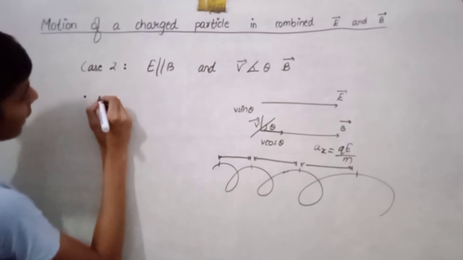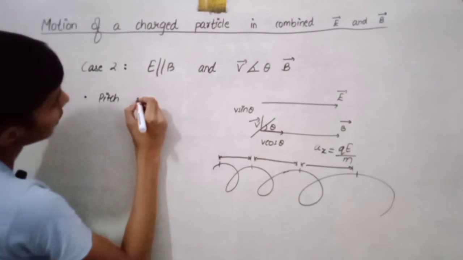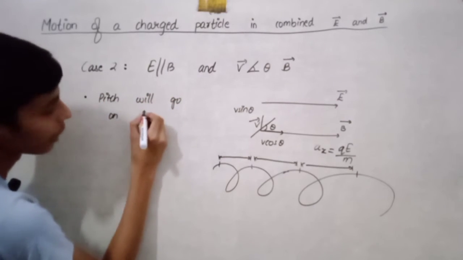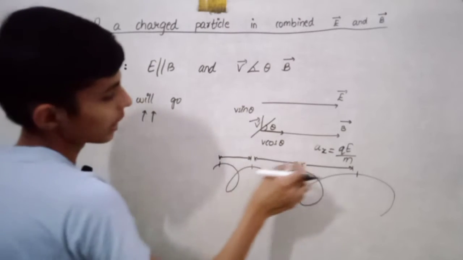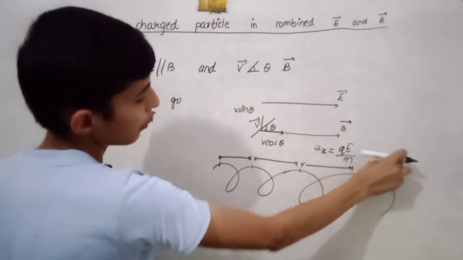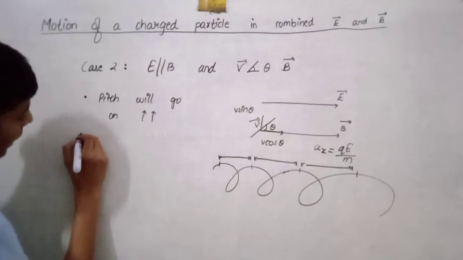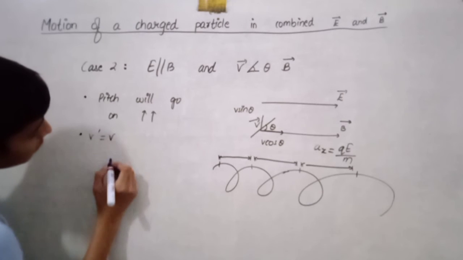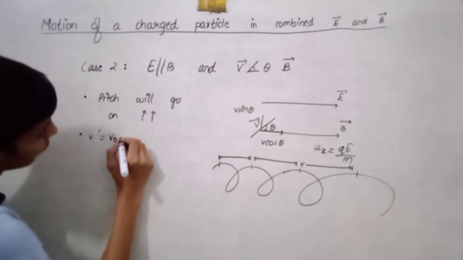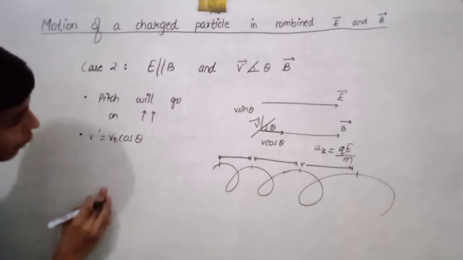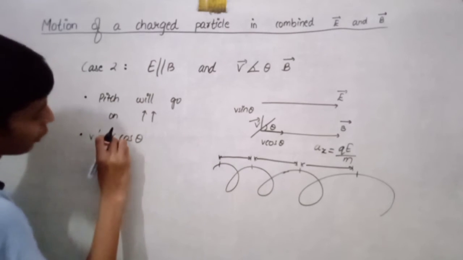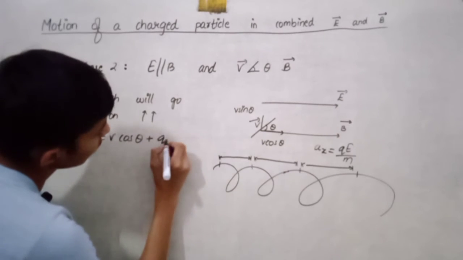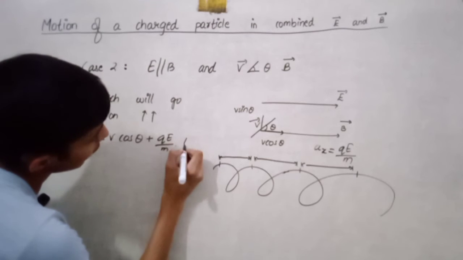So we can write here that pitch will go on increasing because it has acceleration of magnitude qE by m in the positive x direction, and the new velocity is v dash equals v naught cos theta, or we can simply write v cos theta, which is the initial velocity, plus acceleration qE by m into time.